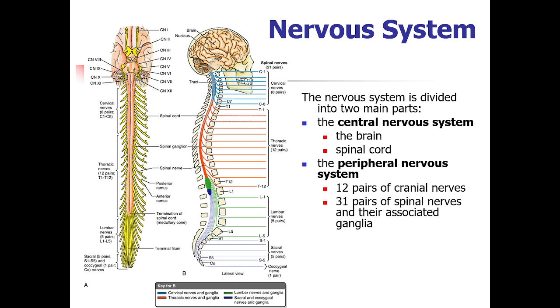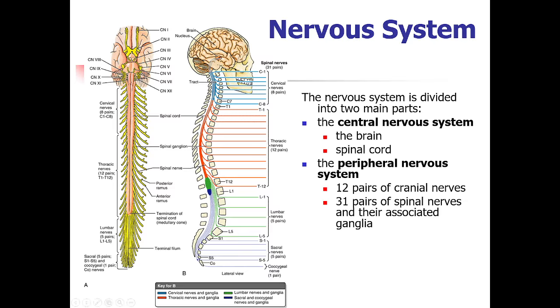Everything else, every single peripheral nerve and every single ganglion, are structures of the peripheral nervous system. One more time to confirm, we have 12 pairs of cranial nerves and 31 pairs of spinal nerves, and all those plus ganglia are structures of PNS.